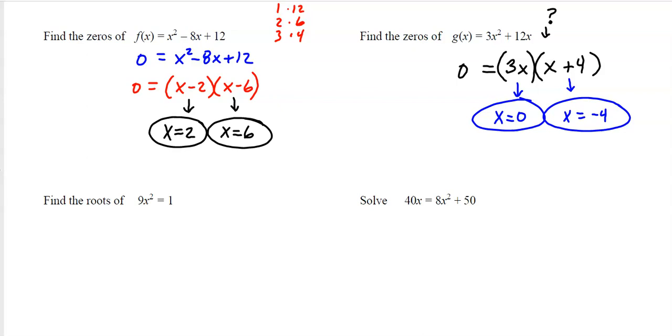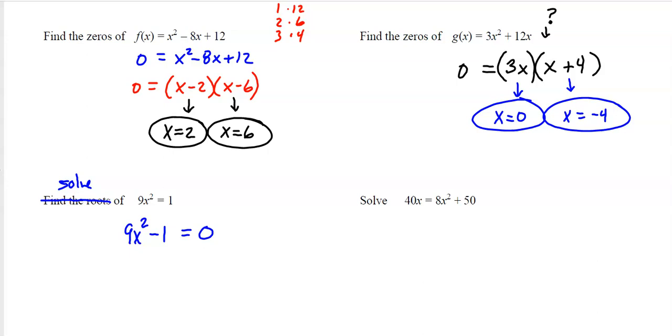Kind of a similar idea over here. Find the roots of, or basically I could have just said solve this thing, because roots imply that you're setting it to zero. So I have 9x squared minus 1. Set it equal to 0. Sometimes you have to do that manually.